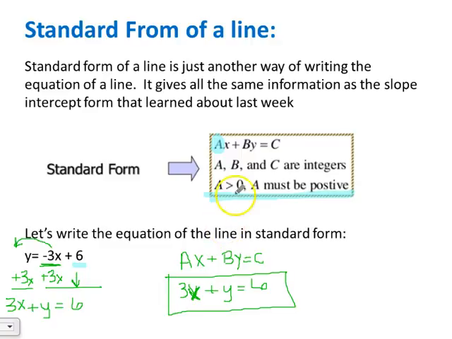And if we look, it follows the rule that a has to be greater than 0. It has to be positive. My a is represented by 3. Here the a is the number being multiplied by x. 3 is being multiplied by x. It is greater than 0, so we are good to go. This equation is now in standard notation. 3x plus y equals 6. There's our standard notation.